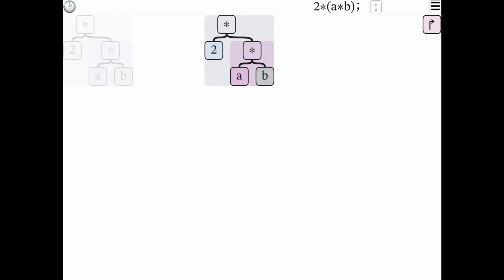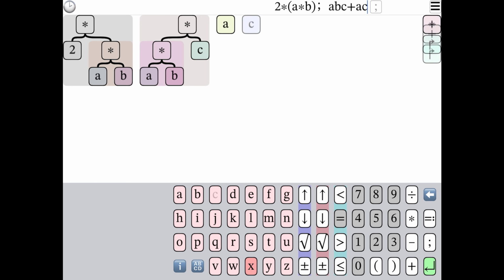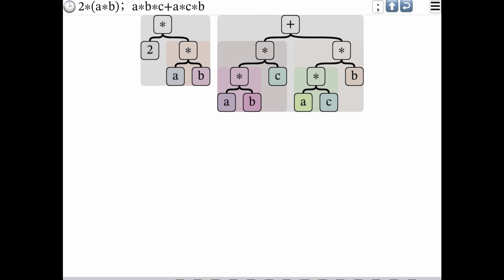If they aren't so easily equal, you'll have to help it.